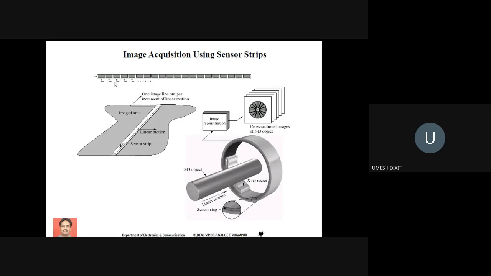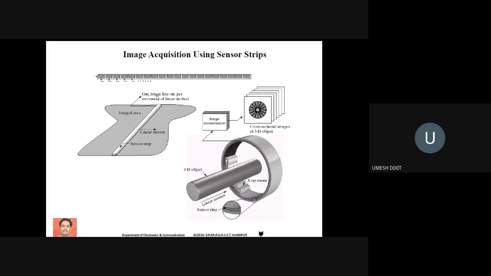Now the question is how to capture the entire image by using these sensor strips. A sensor strip contains a line of sensors, and at a time it can capture one line. But to capture the entire image, we can use the arrangement which is shown here.